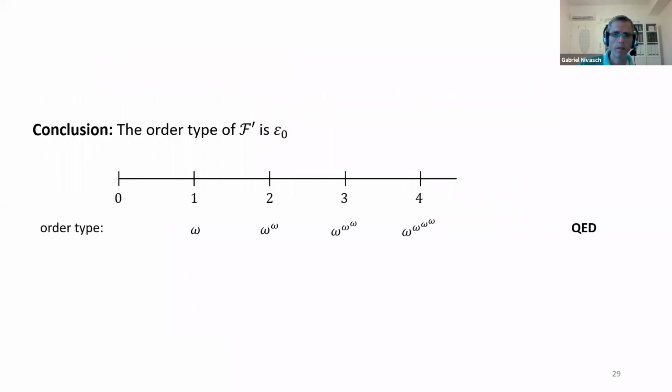So basically, what this means is that if the order type of 1 in the tame fusible numbers is omega, then the order type of 2 is omega to the omega, and so on. You get a tower of omegas, and each time the tower gets taller and taller. So the order type of the whole set is epsilon 0. Okay, so that proves the lower bound.